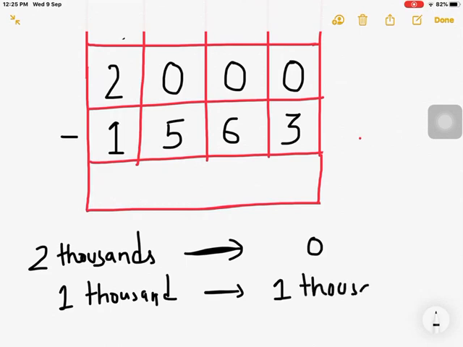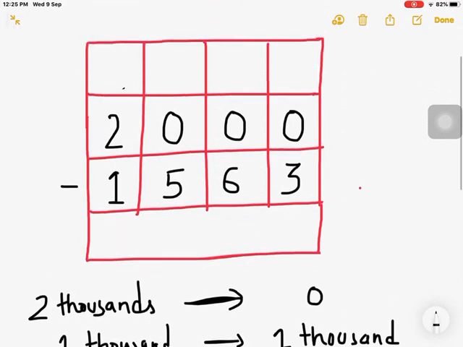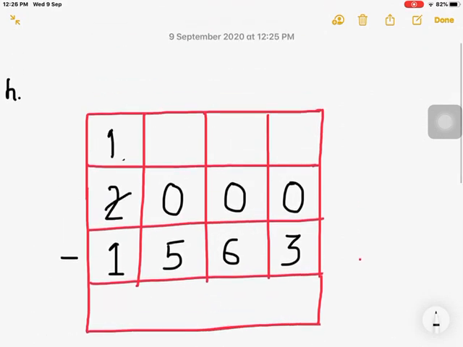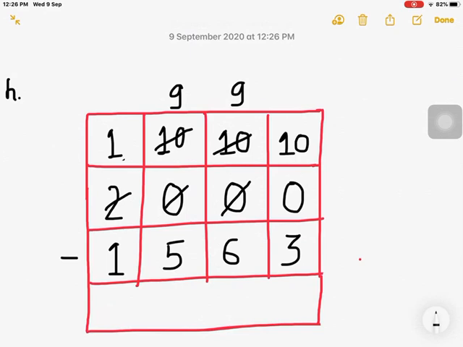It means 10 hundreds. Understood? So it becomes 1, and the 10 hundreds give 100 to the tens column. So here we have 9, here we have 10 tens. Then it gives to the ones place, it becomes 9 tens.